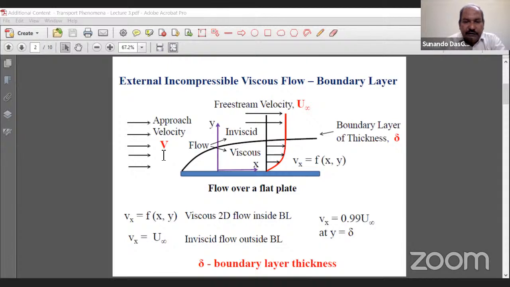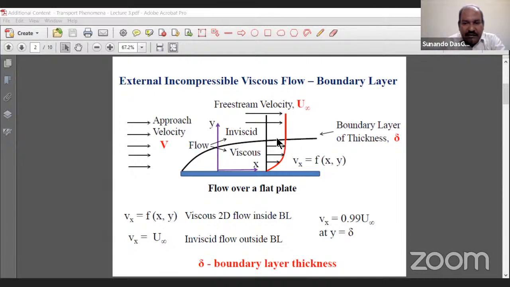Now, since there's a viscous interaction between the layers of the fluid, which are moving past one another with different velocities, when they encounter the solid plate and start interacting, due to no slip condition, the layer which is just above the plate, adjacent to the plate, will have zero velocity, and the velocity will progressively increase till it reaches the free stream velocity, which is known as U infinity.